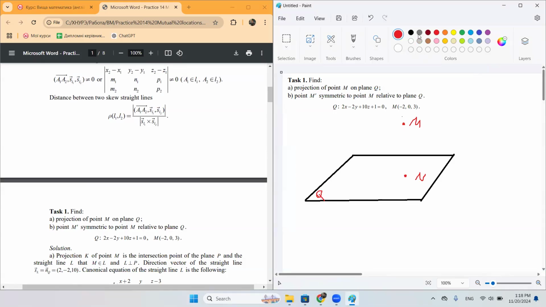First of all we need to find a perpendicular, so the straight line that is perpendicular to this plane, and N will be the intersection point of this straight line and the plane. So it will be the projection that we are looking for.